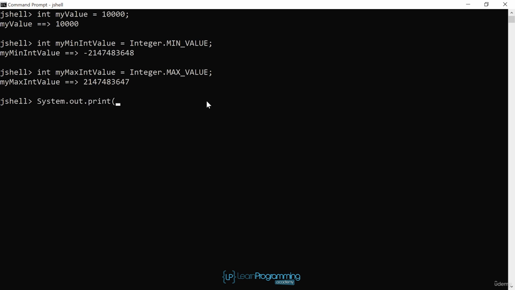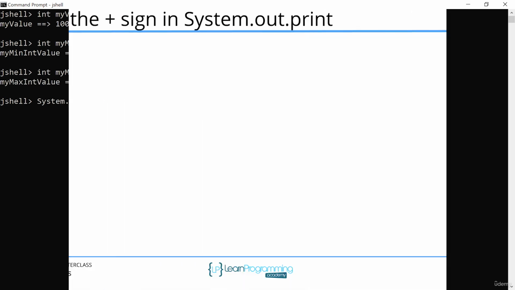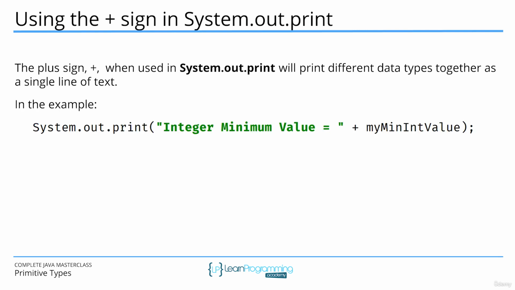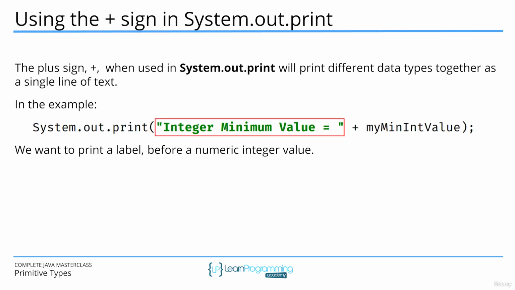System.out.print("Integer minimum value = " + myMinIntValue); The plus sign, when used in System.out.print, will print different data types together as a single line of text. In the example, we want to print a label before a numeric integer value.